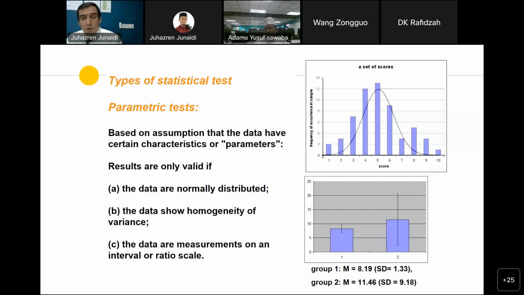So if you want to compare means, they should be comparable in terms of the type of data, in terms of what you are comparing to each other, and in terms of homogeneity of variance, how they vary. And the data are measurements on an interval or ratio scale. If you want to do parametric tests, you have to have interval or ratio scale.